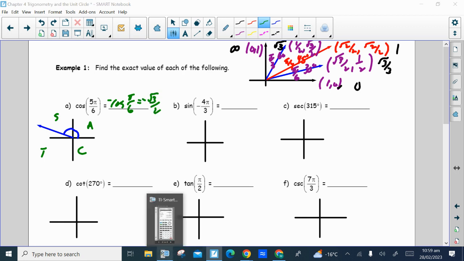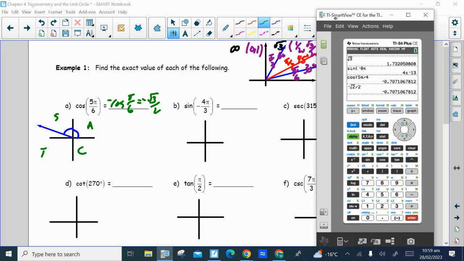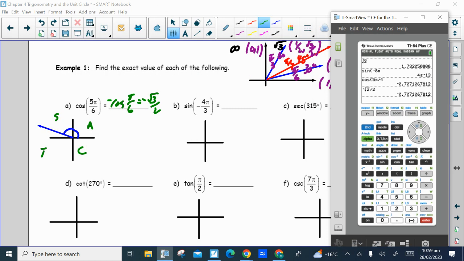Which again, we can check on our calculator. We just have to make sure that we are in radian mode, which we are. The cosine of 5 pi on 6 is negative 0.8660, which is negative root 3 divided by 2. Same decimal.